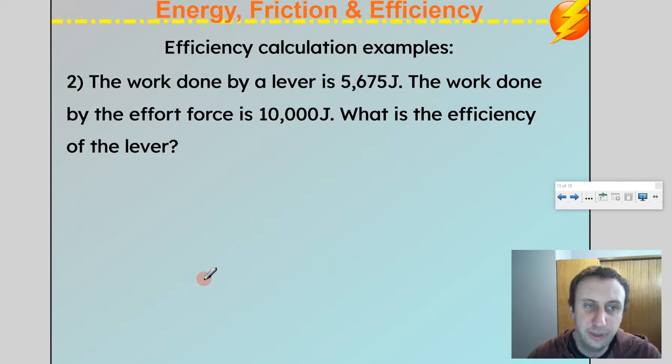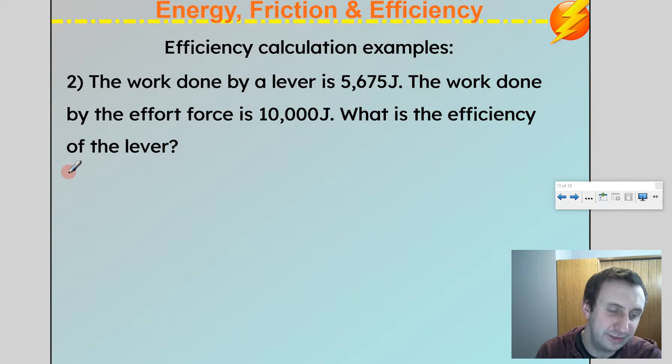So let's try this one out. The work done by a lever is 5,675 joules. The work done by the effort force is 10,000 joules. What is the efficiency of the lever? This question is not being as explicit of what is input and output. So you tell me, what is the output here? The output is going to be the smaller number.